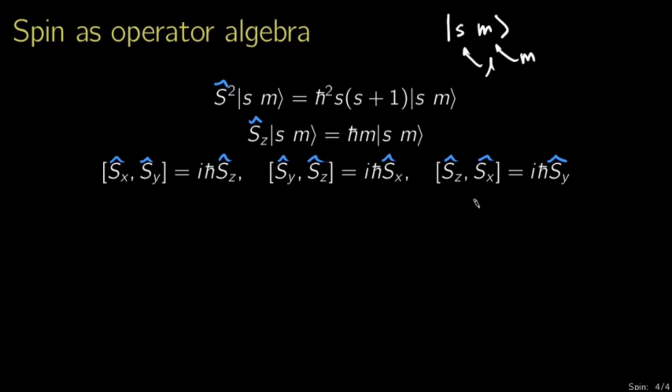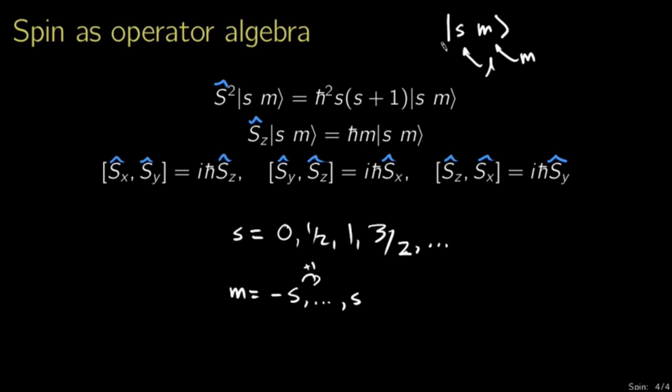So these are the operator algebras we get, and the spin and S and M quantum numbers have the same sort of structure. S could be 0, or 1/2, or 1, or 3/2, etc. There's that 3/2 again. And I should really distinguish this as a lowercase s to distinguish it from the uppercase S's, which are operators. And M, the other quantum number, which can vary from -s up to s in steps of 1.